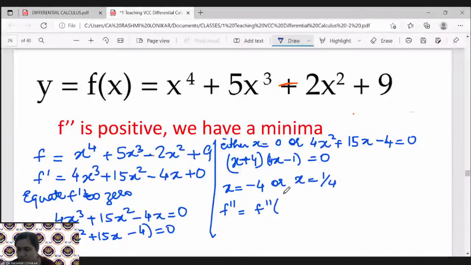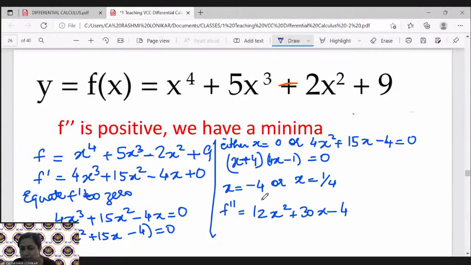So this will give me how much? Derivative of 4x cube will be 12x square plus 30x minus 4. Okay.